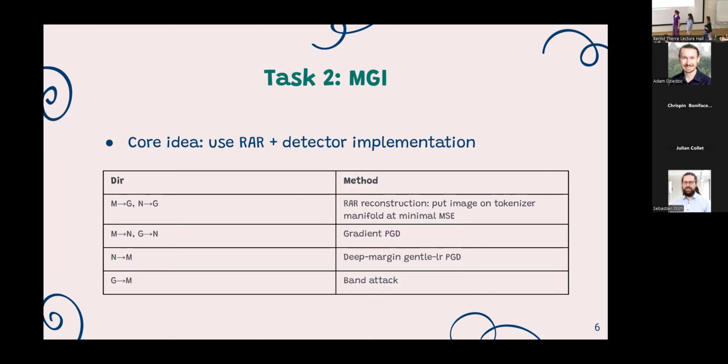We approached different misclassifications in different ways. First, the misclassification to the class generated. What we did there is the reconstruction with the RAR model. So we simply took the samples and reconstructed them, a simple reconstruction.